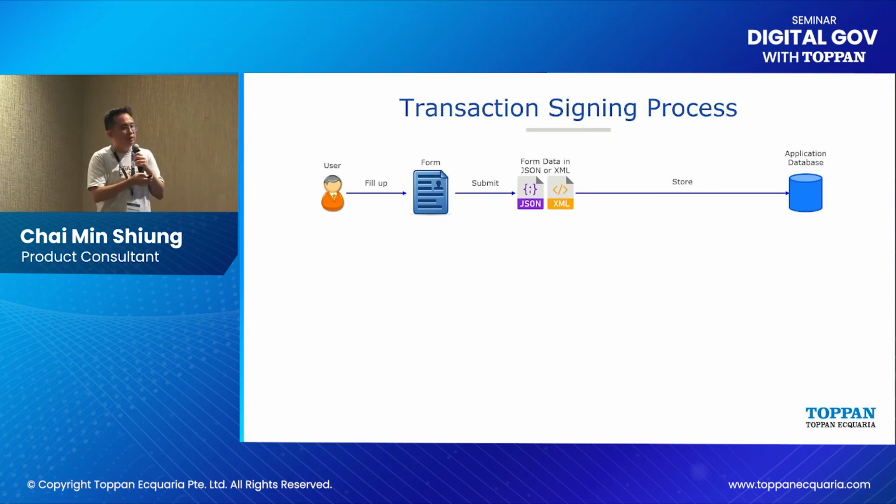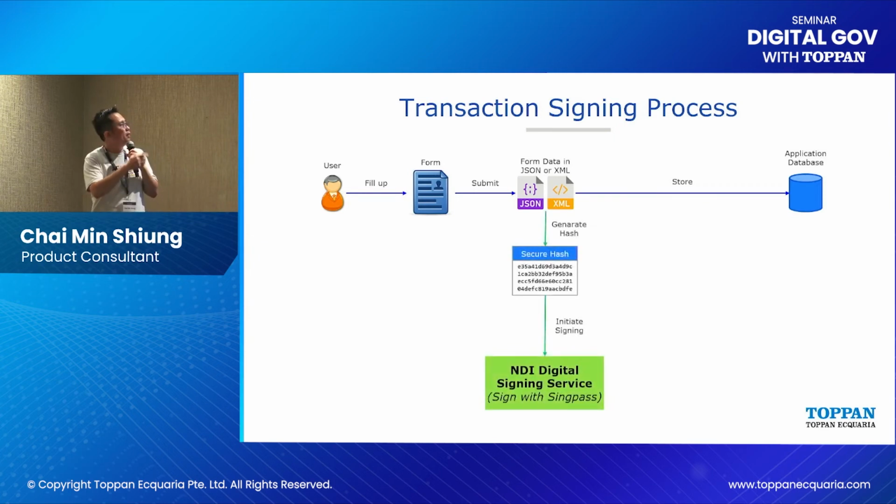So to enable digital signing, your application needs to initiate this signing process. Your application needs to create a hash of your data and pass it to your NDI digital signing service. This is the first step.